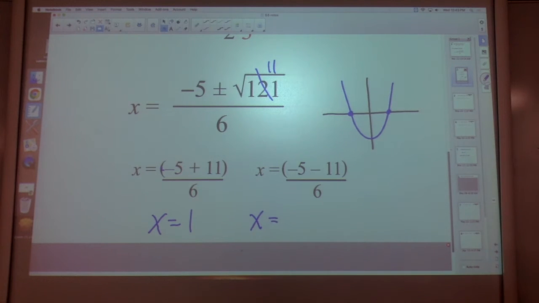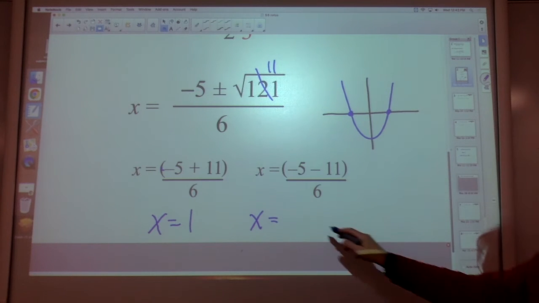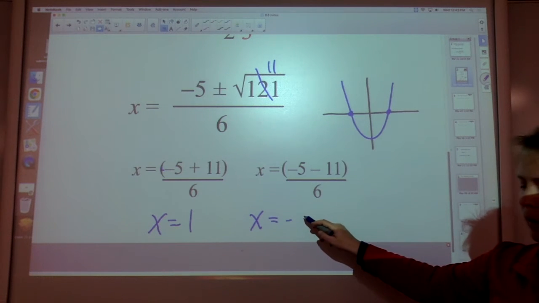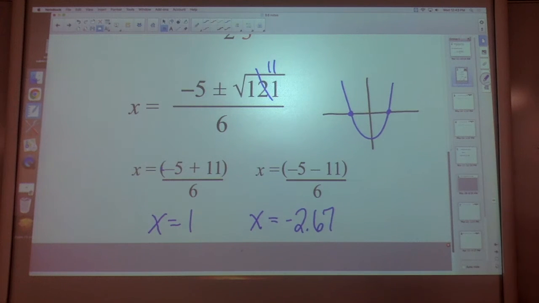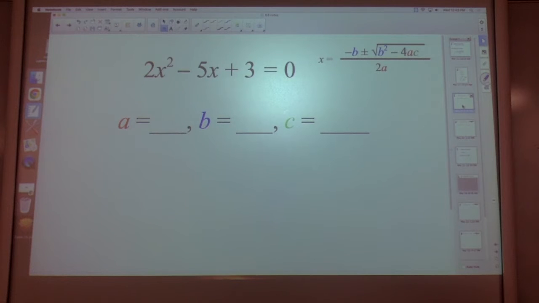Make sure you use the parentheses. When you divide by 6, you get a big repeating decimal, but we will round it to the nearest hundredth: negative 2.67. And there are our two different answers. So it isn't so bad.